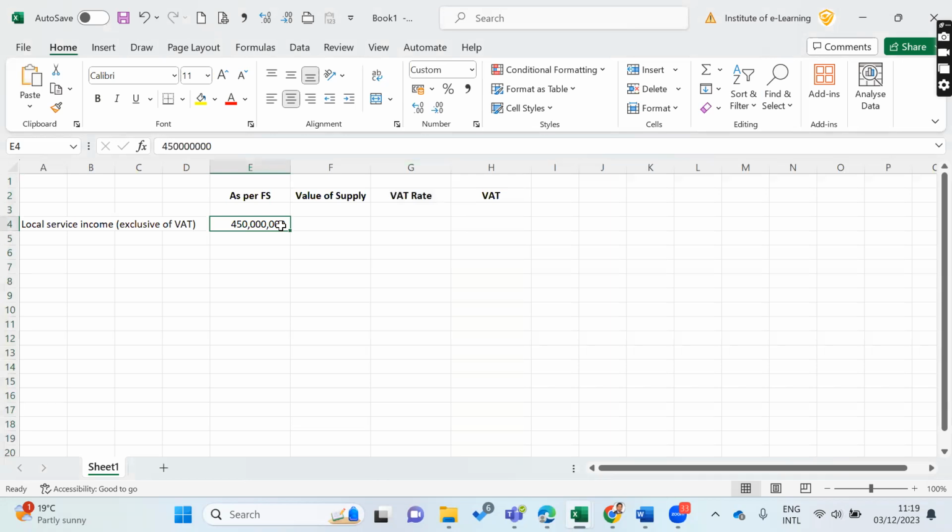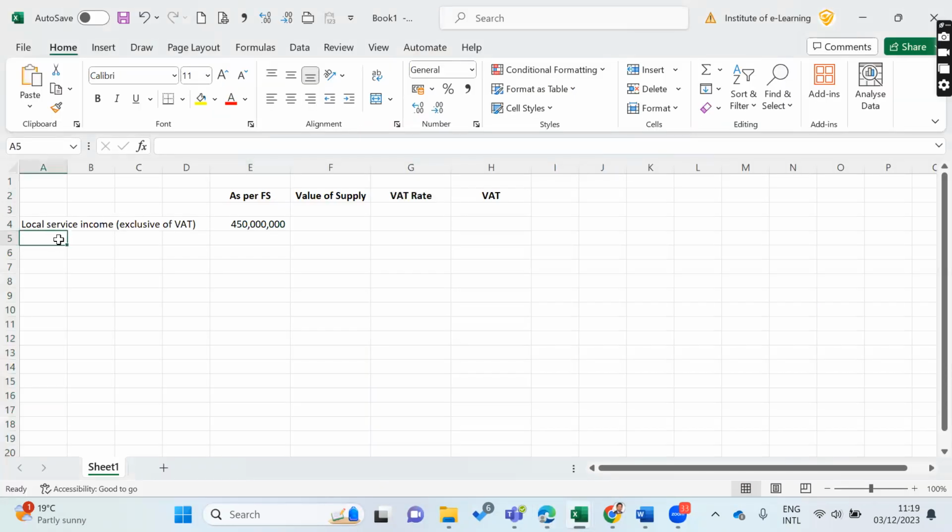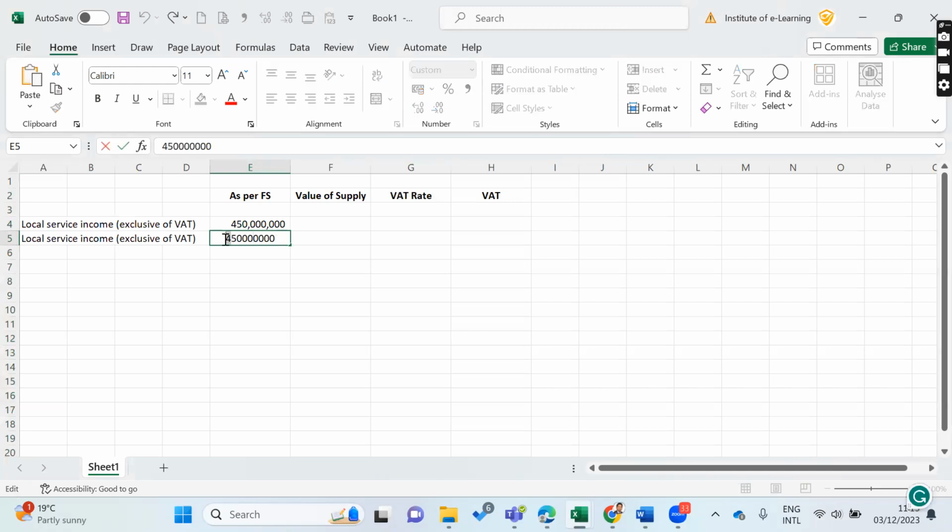Out of this 450 million, the question says 50 million relates to solar. Then I will take 50 million here because it relates to solar. Then here only 400.